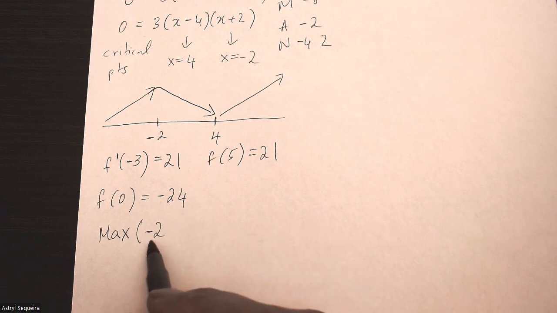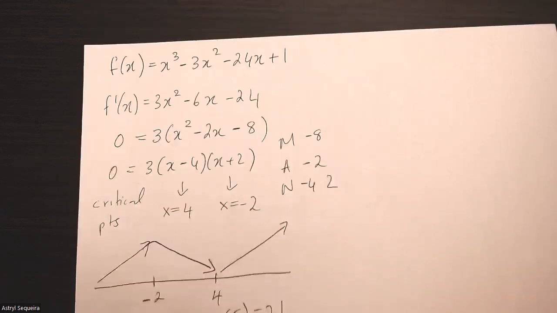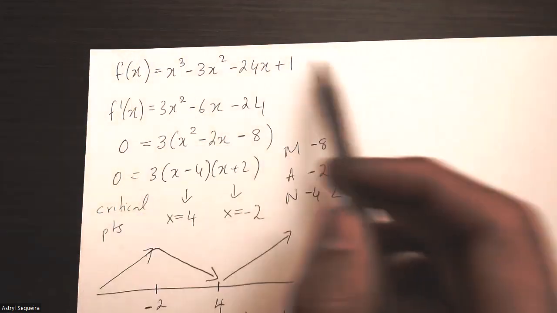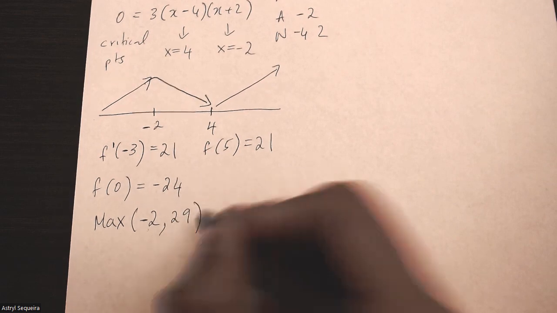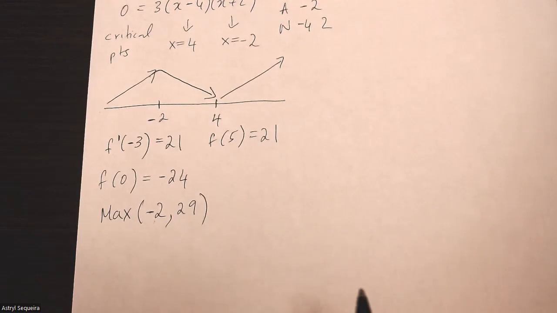And to find the y value of the maximum, I have to sub back into the original equation, not the derived equation. So I'm going to sub in negative 2 into my original equation. And I get positive 29. So I have a maximum at negative 2 and positive 29.